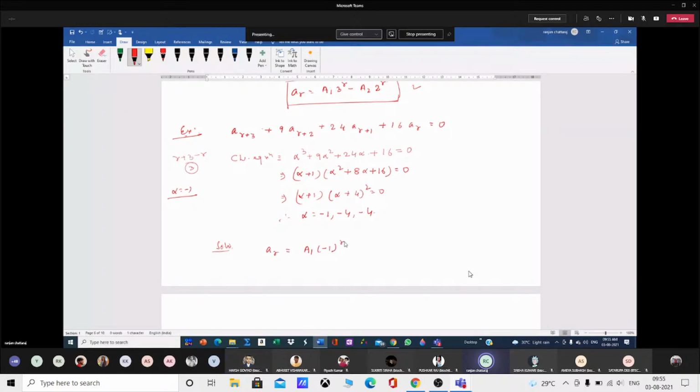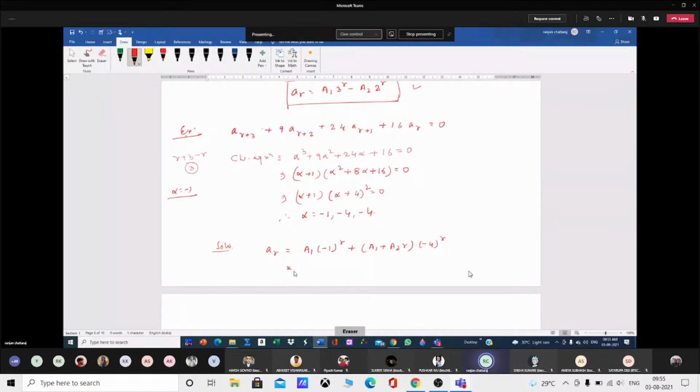And this is plus A2 plus A3 times r, into minus 4 to the power r, because minus 4 occurs 2 times. So this is the solution.